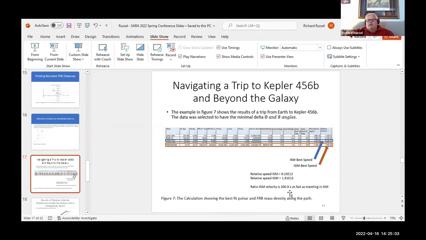The FRBs were different because I had to make an assumption on distance to come up with the densities. But this is an approach to do that. And obviously you can come up with a better mathematical approach to coming up with the densities in intergalactic space based on this.